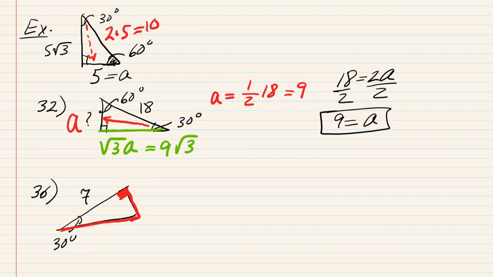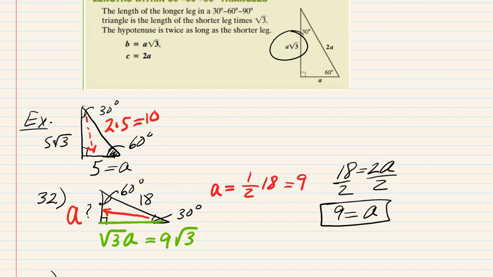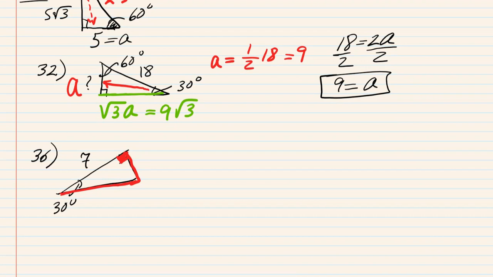Okay, so let's work this one. Now, remember the altitude is root 3 times A. True. So that root 3 times A is what 7 is right now. 7 is root 3A. So I can solve for A now. Let's divide both sides by the square root of 3. And there you go. That's the shortest side.